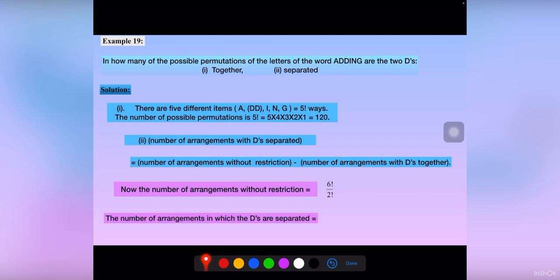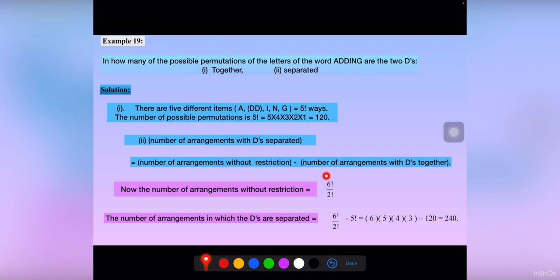So we have 6 factorial over 2 factorial, without restriction, and then we minus the arrangements with the D's together, so minus 120, or 5 factorial.